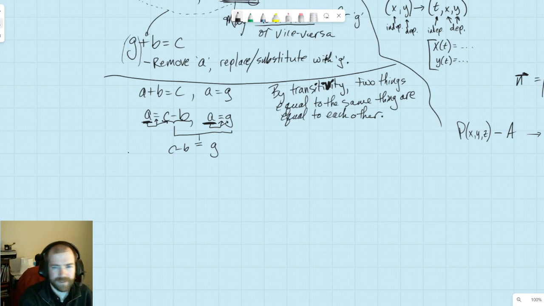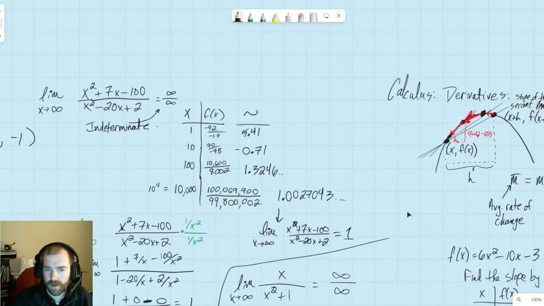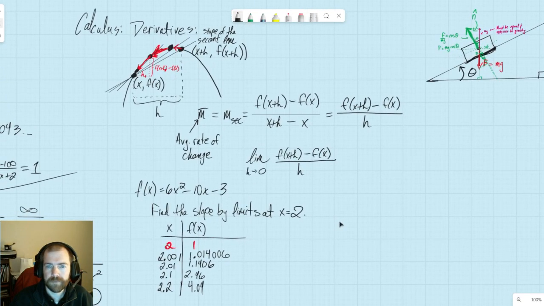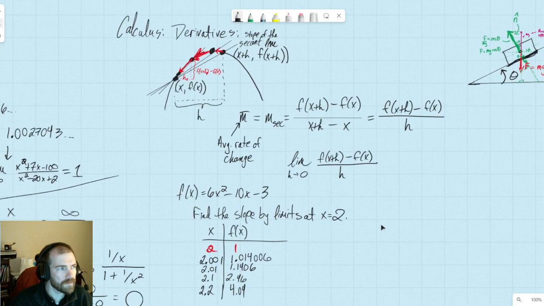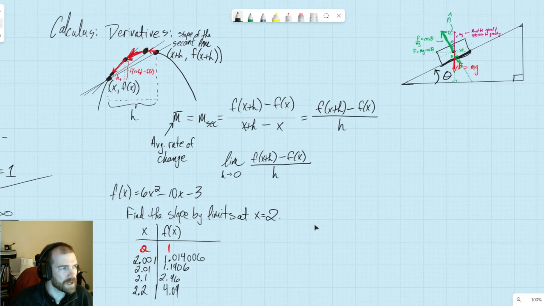Well, anyway, I was working on some calculus stuff from before. So this is stuff that I've been talking about with my students. None of which is very novel.